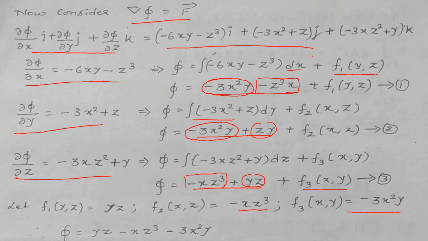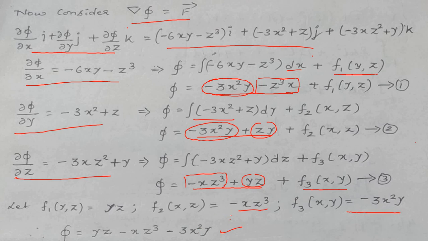minus 3x square y. Now if you substitute all these values f1, f2, f3 in equations 1, 2 and 3, I will get the scalar potential phi. That is what I have written here: yz minus x z cube minus 3x square y is the scalar potential.